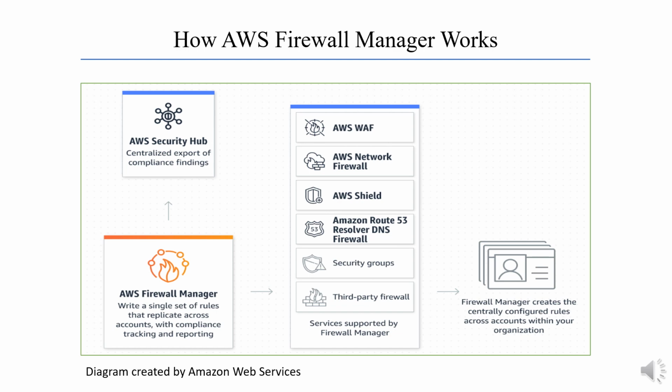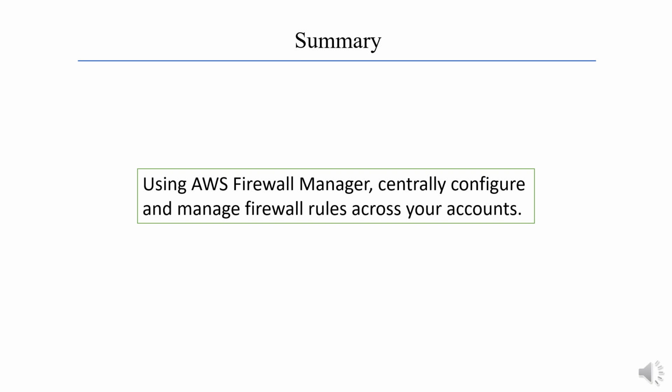The diagram shows the key features of AWS Firewall Manager and integration with other AWS services. We recommend you read the diagram and get a better understanding of how AWS Firewall Manager works in a typical application environment. In conclusion, use AWS Firewall Manager and centrally configure and manage firewall rules across your accounts.